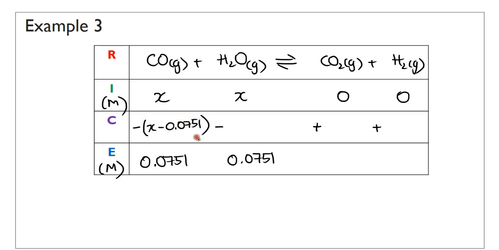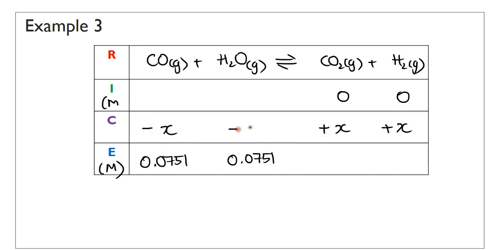Now, you can actually do this differently. I think I may actually do it differently. So I'm going to call x the change. I think that may make it a little bit easier for people to see. So sorry about that. I'm going to say that this one has to go up by x and that has to go up by x because the reaction has to go forward. And then that is going down by x and that is going down by x.